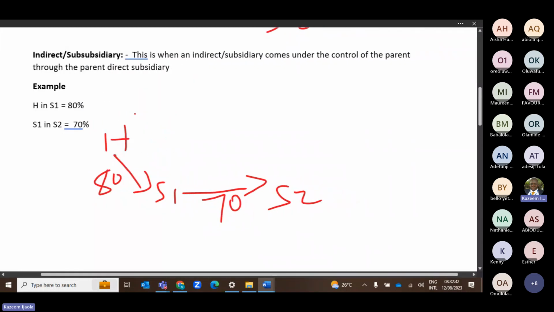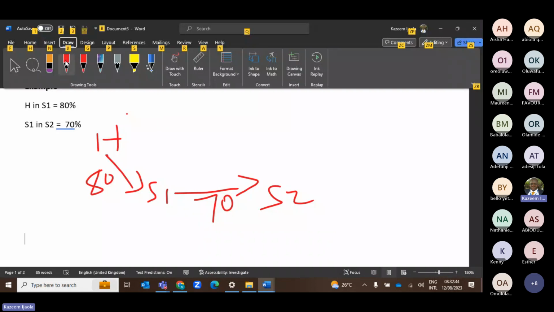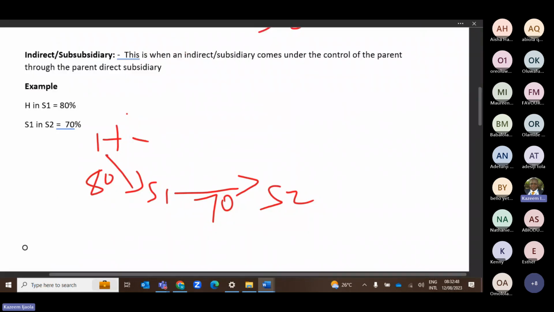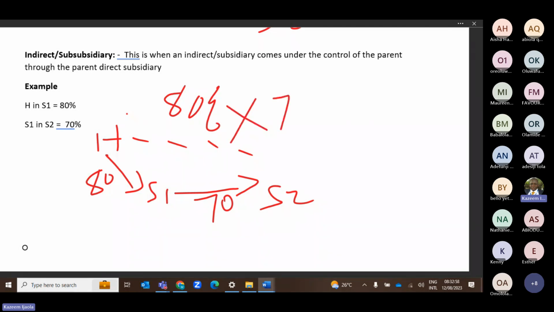So if you want to calculate the effective control between H and S2, you will multiply the 80% that H owns in X1 by what X1 owns in S2. H owns 80% in X1, and X1 owns 70% in S2. So any business that X1 is doing, H is entitled to 80% of that investment.